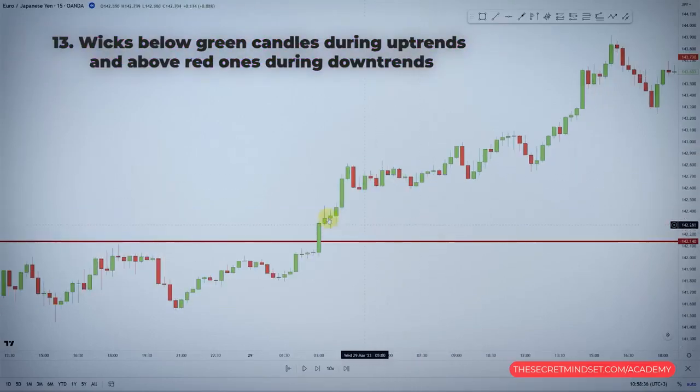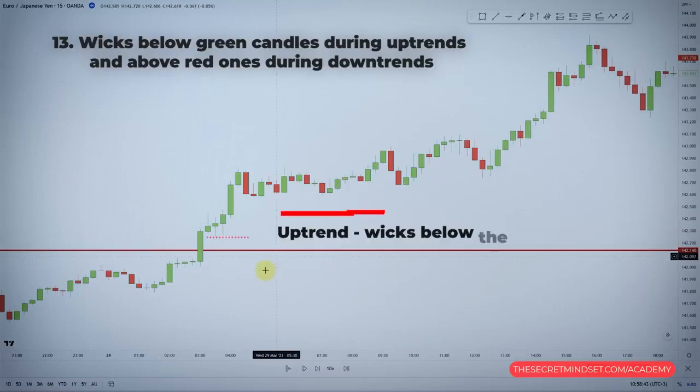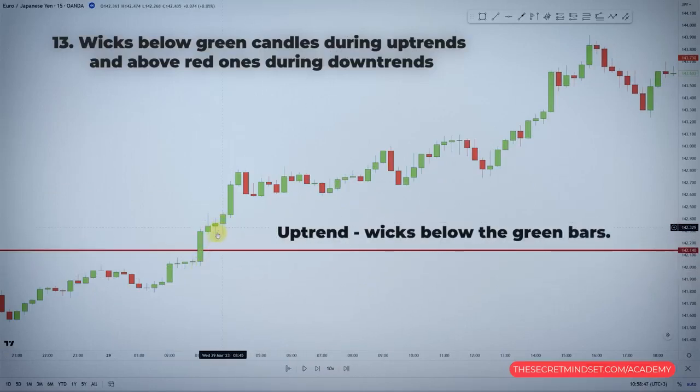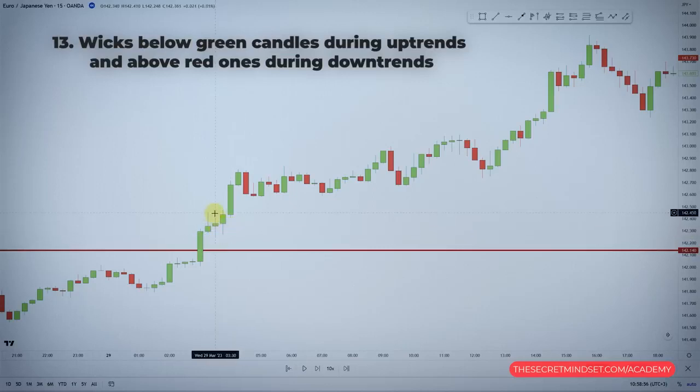13. Wicks below green candles during uptrends and above red ones during downtrends. So in a strong uptrend, you will also see a lot of wicks below the green bars. This represents a good signal that the buyers are in control of the market and are trying to push the prices upwards.